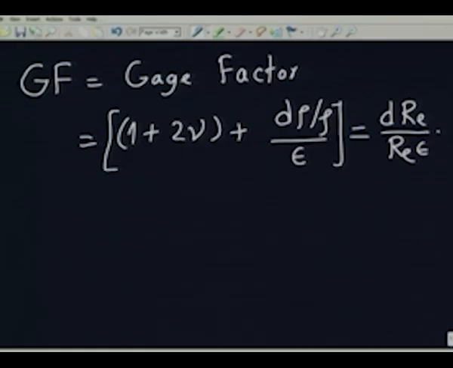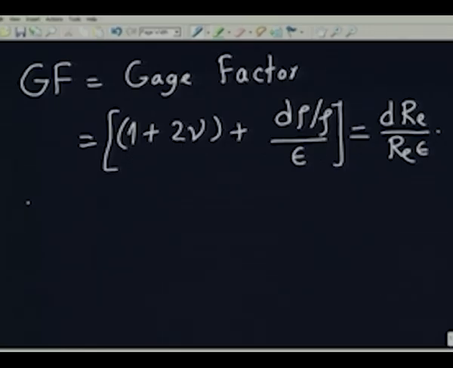This is the ratio we call the gauge factor, and for materials with a Poisson ratio nu equal to 0.5, this will become 2 plus this small quantity which we normally would be ignoring, so it will become equal to 2.